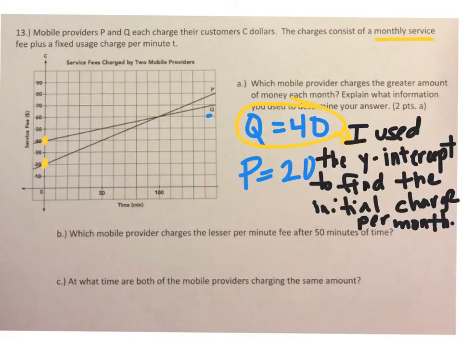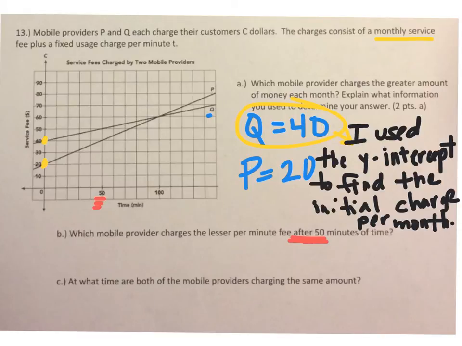Part B, which mobile provider charges the lesser per minute fee after 50 minutes of time? The key here is we have to be looking after 50 minutes of time. So if I go to my graph and I want to find the per minute charge, I'm going to be finding the slope. So I need to go to the graph and find the slope of each line after 50 minutes. So I have to find some good points.